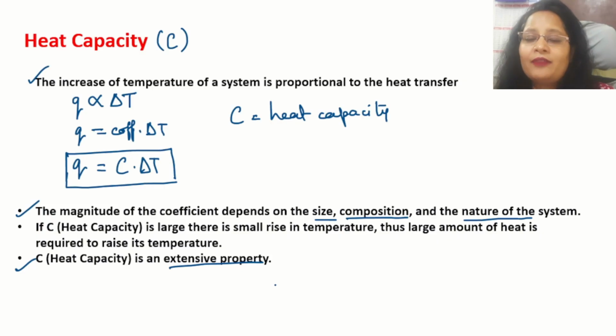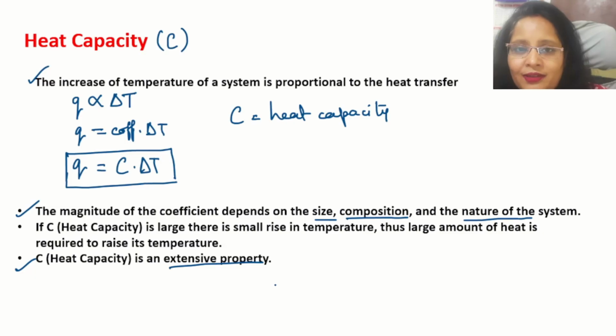Understand? Let's have an example of water and sand. Water's specific heat is very high. It means to raise the temperature by 1 or 2 degrees centigrade, we have to provide a big amount of heat to the water.